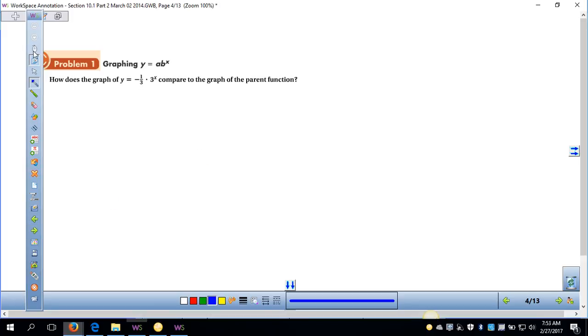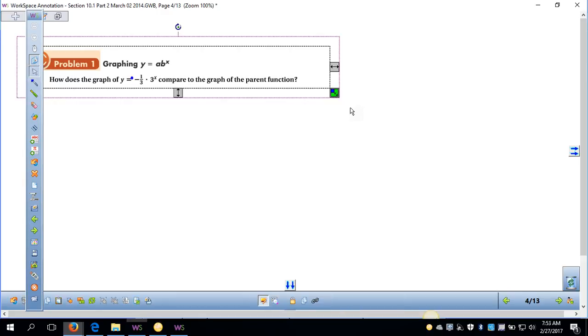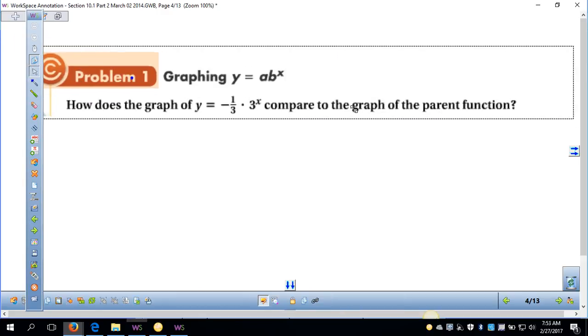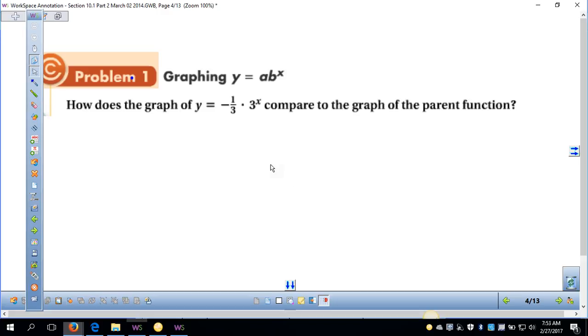All right, so let's say we have this one. And we've got the graph of y equals -1/3 times 3 to the x. So in your notes, please make your xy table the same way we did for that first example. That's y equals 3 to the x for the parent function first.